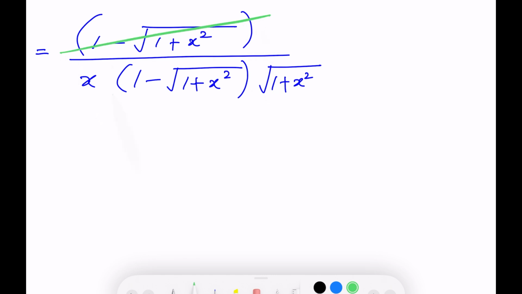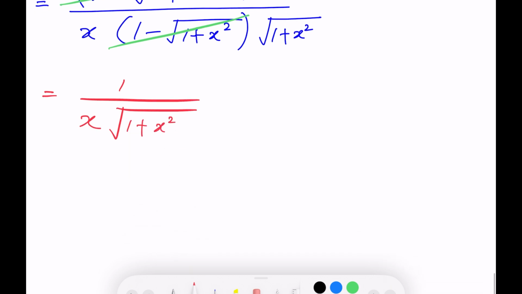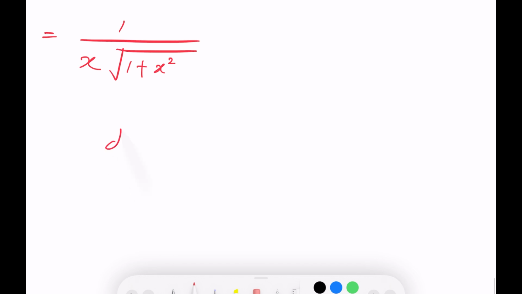This factor and this factor can be divided out, and there will be a 1 remaining on the numerator. So this is going to be finally simplified to become equal to 1 over x times square root 1 plus x squared. This is the derivative of hyperbolic cosecant inverse x function, cosec inverse x, if your x is negative.